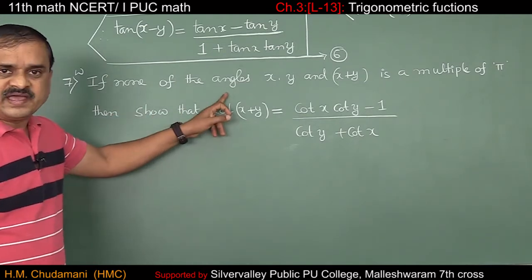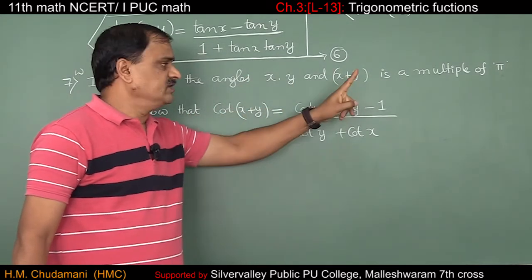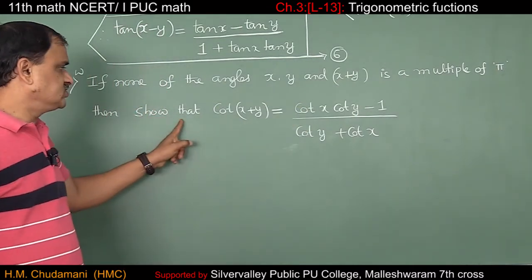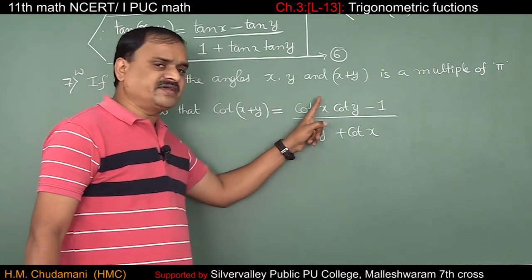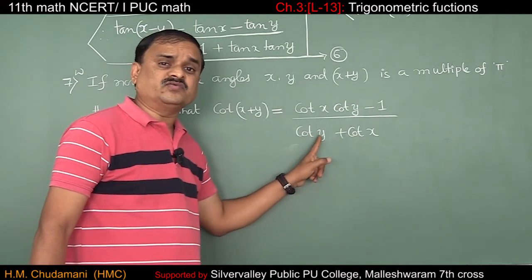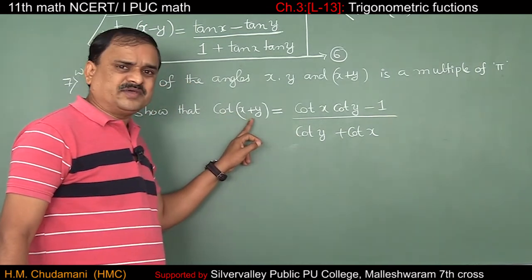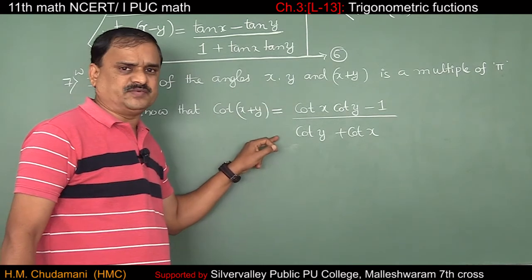If none of the angles x, y and x plus y is a multiple of pi, then show that cot of x plus y is equal to cot x cot y minus 1 divided by cot y plus cot x. Cot of x plus y can be written as cos of x plus y by sin of x plus y.